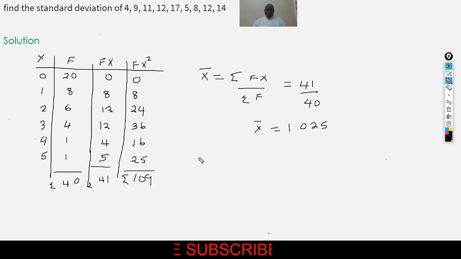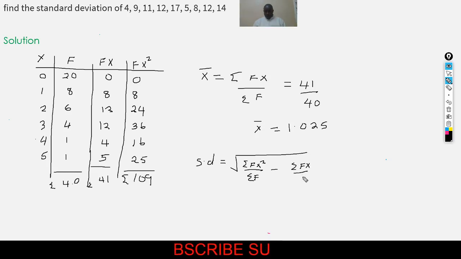Then you need to find the standard deviation. For the standard deviation, we use the formula that equals the square root of the summation of fx squared all over the summation of f, minus the summation of fx all over the summation of f, which is the mean, so the mean squared.